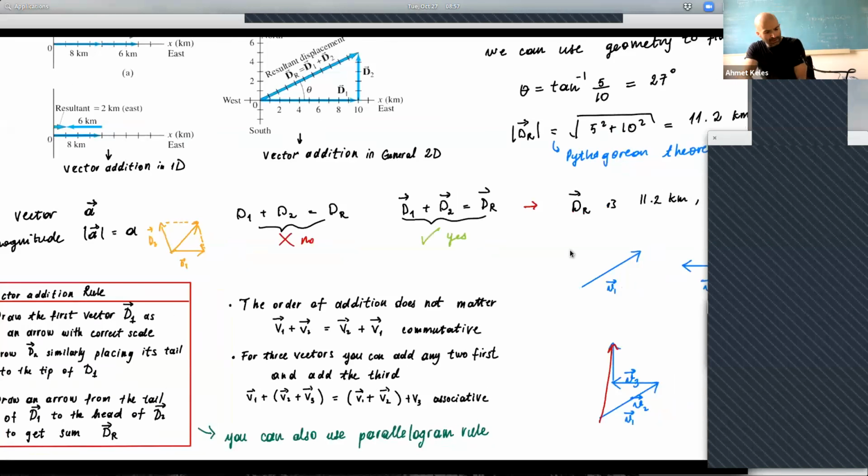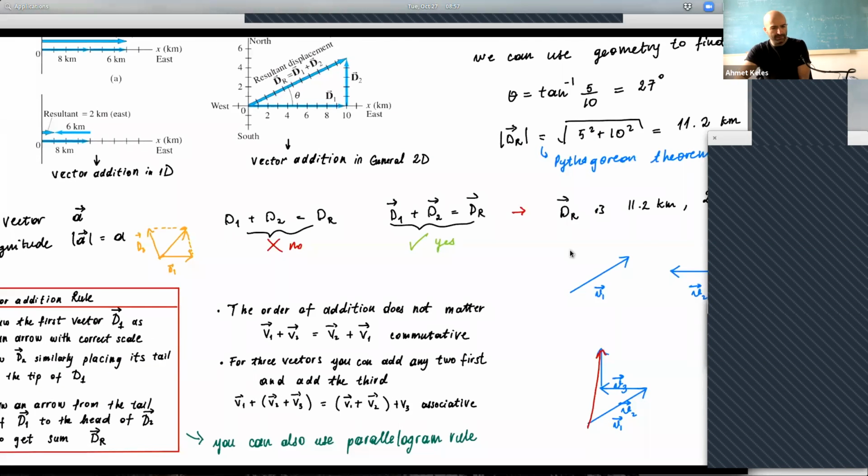There are a few nice things that we need to go through in vector addition. First, the order of addition does not matter, right? If you add V1 to V2 or V2 to V1, you'll get the same result.